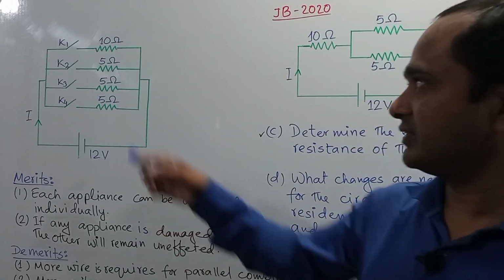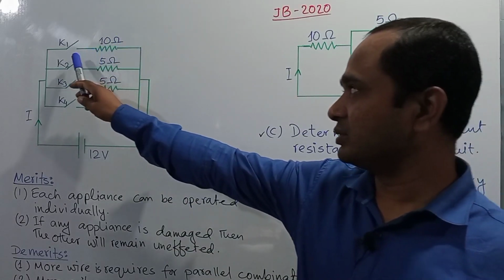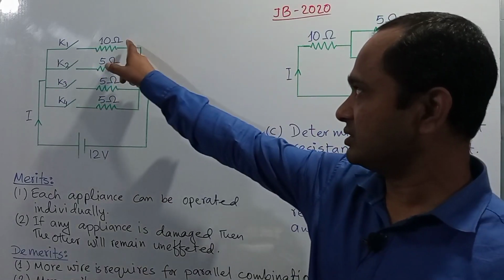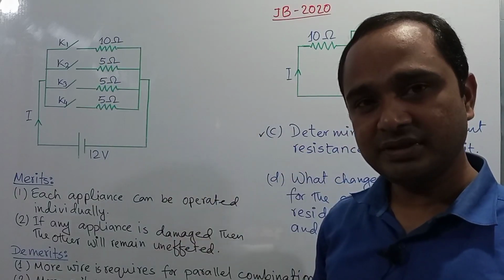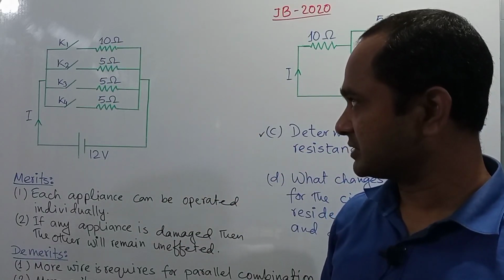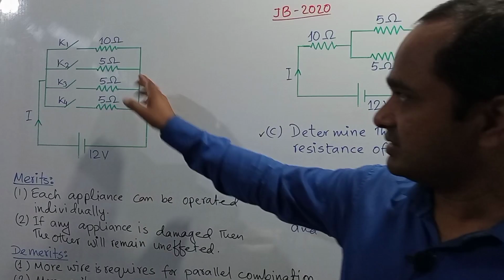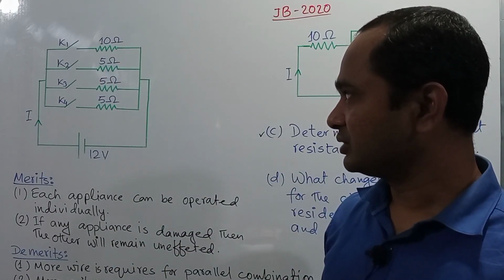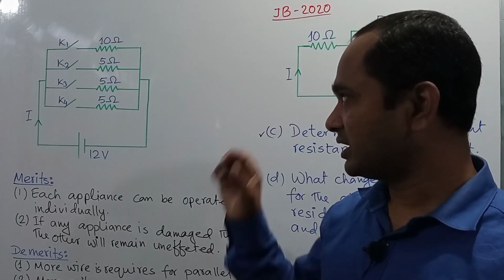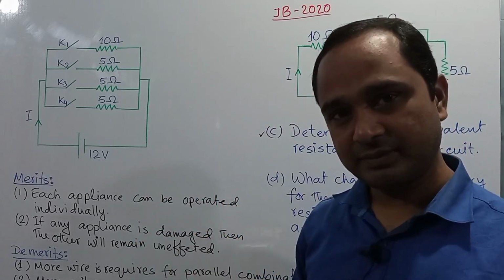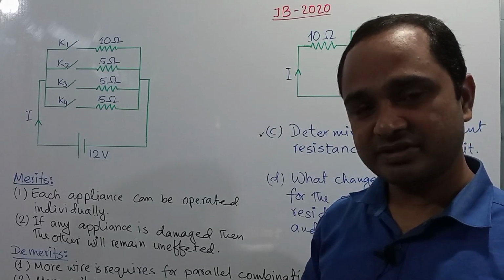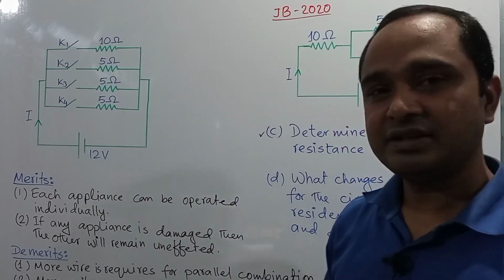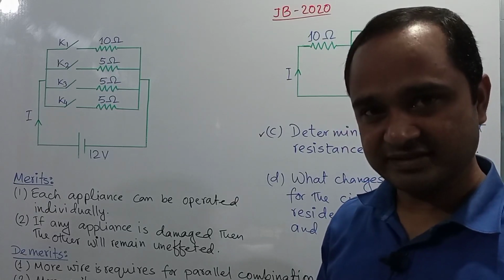If we would like to switch on the light, we will switch on K1 only, and this will be activated and the others will be inactive, right? Similarly, using this type of connection, we can use one appliance or more than one appliance according to our requirement at the same time, right? So these are suitable for domestic use or residence, right?